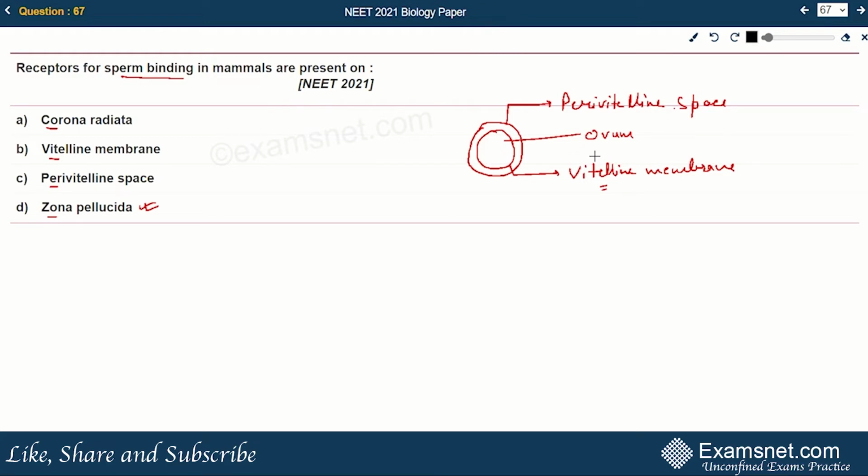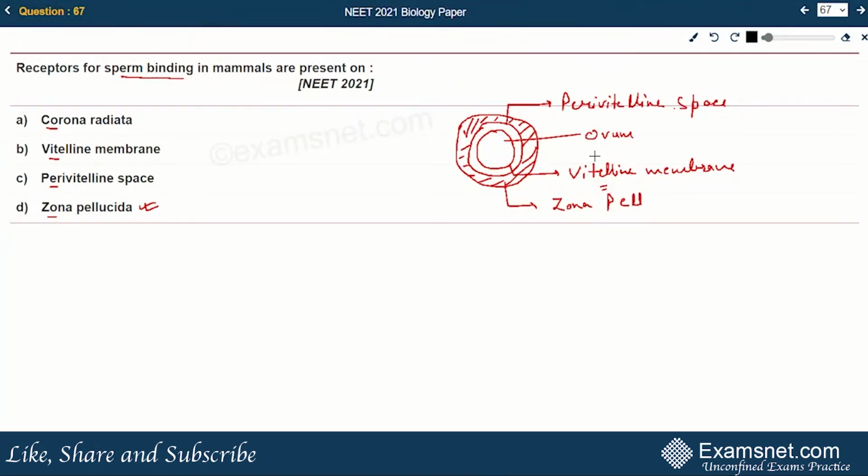Now the most important layer is around this perivitelline space, which is known as zona pellucida layer. This shaded portion represents the zona pellucida layer.